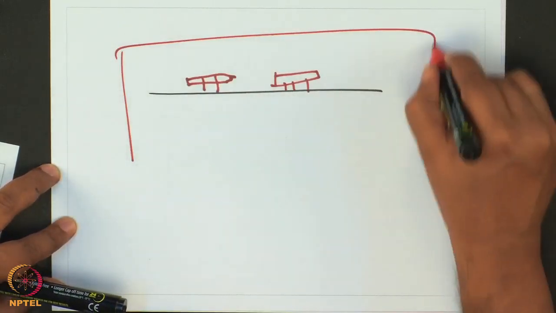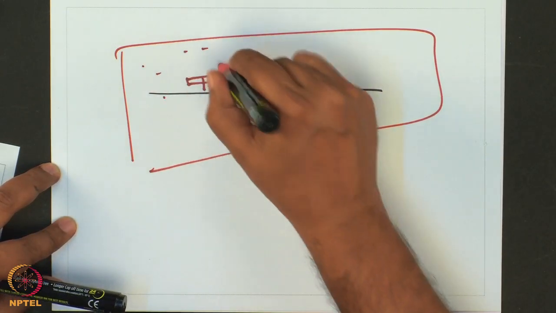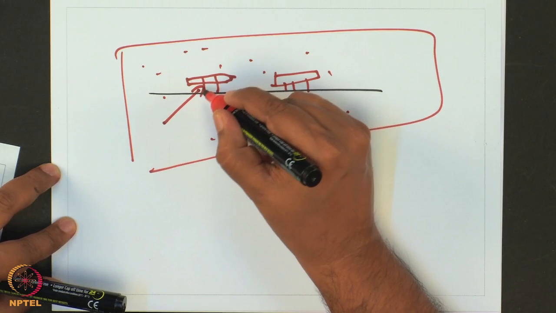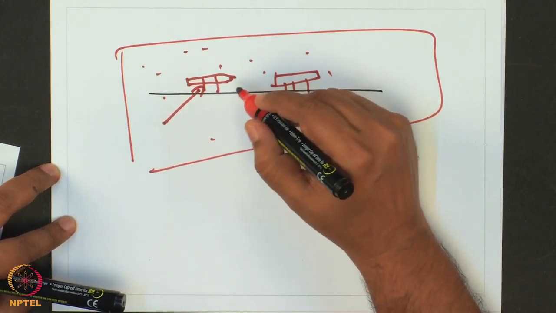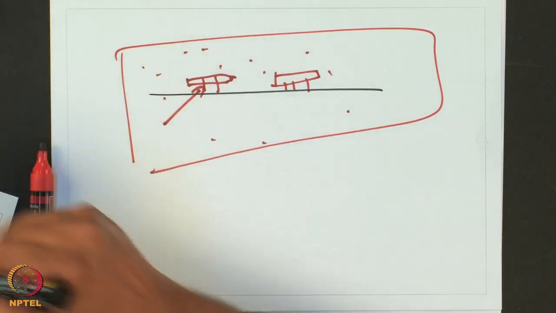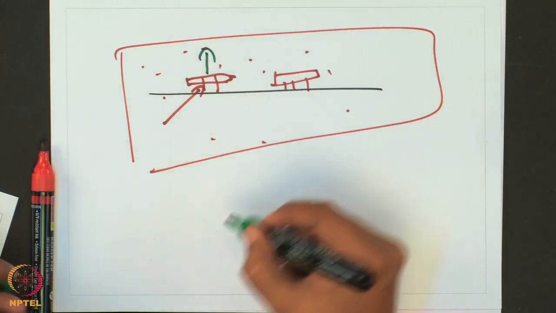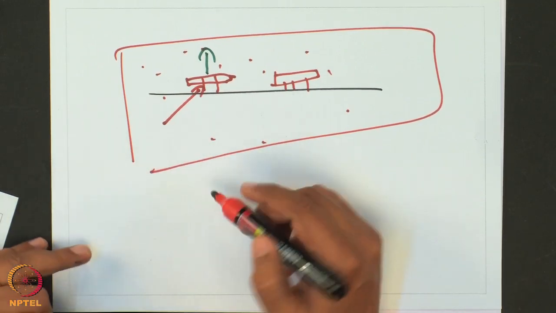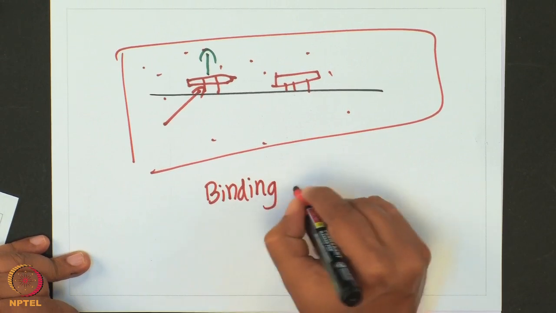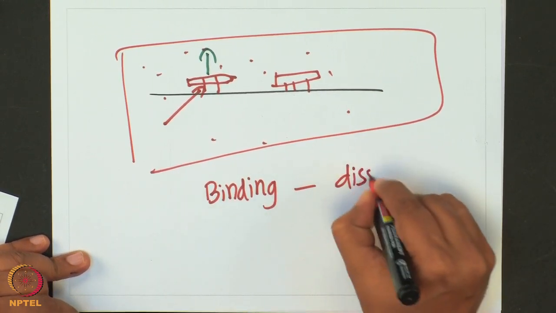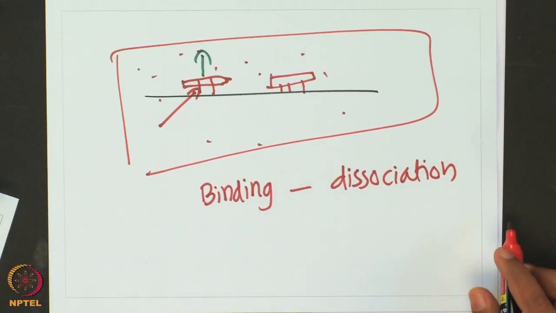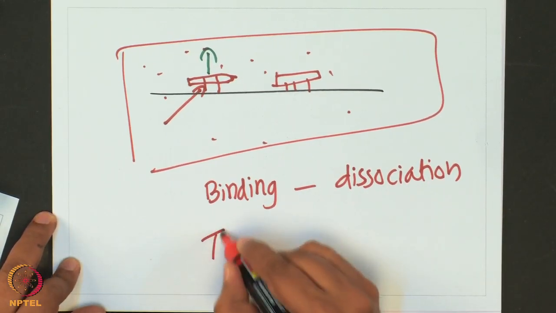This is in water, so water molecules are doing random zigzag motion, and these water molecules can go and hit and break these bonds, and because of this breaking of bonds, these protein molecules will come off. So there will be binding and dissociation. This binding and dissociation process happens because of the temperature.